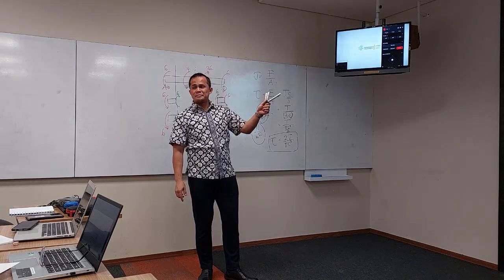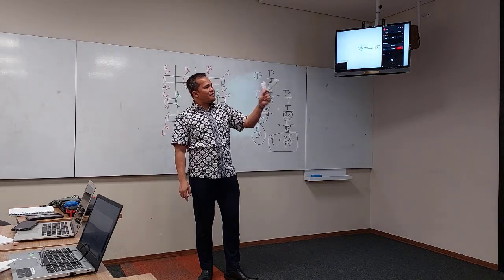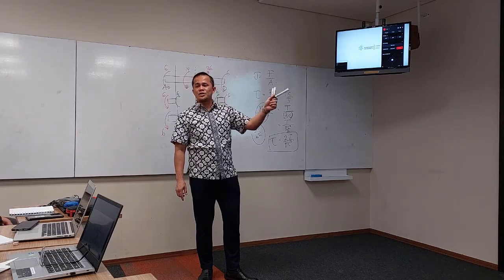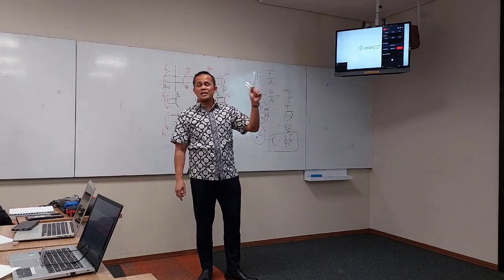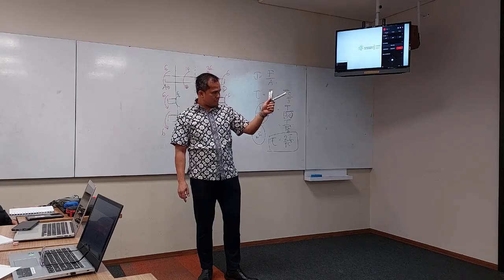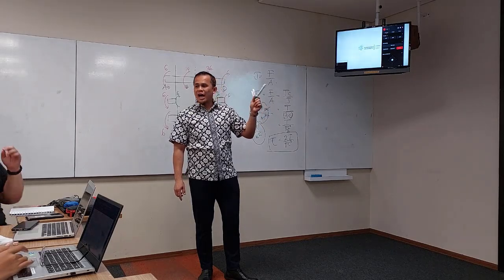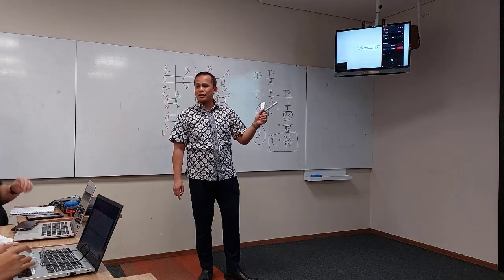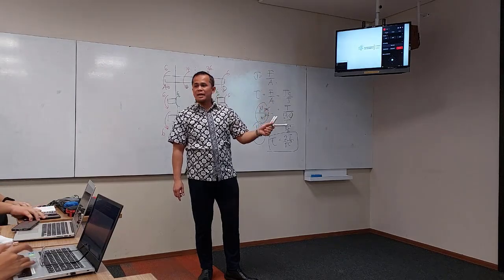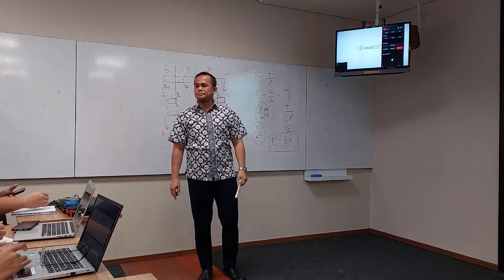Knowing that shaft BC is a hollow shaft with internal radius of 45 millimeter and outer radius of 60 millimeter, determine tau max.